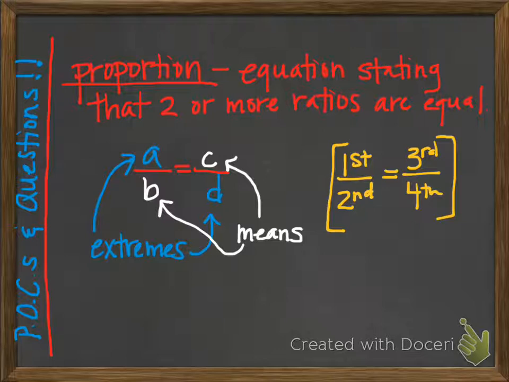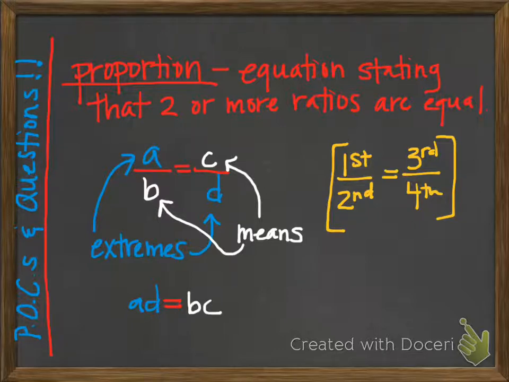Those are the shortcuts that they call them. But it's actually a theorem. If you multiply A and D together, that's supposed to be equal to the same thing that you get when you multiply B and C together.